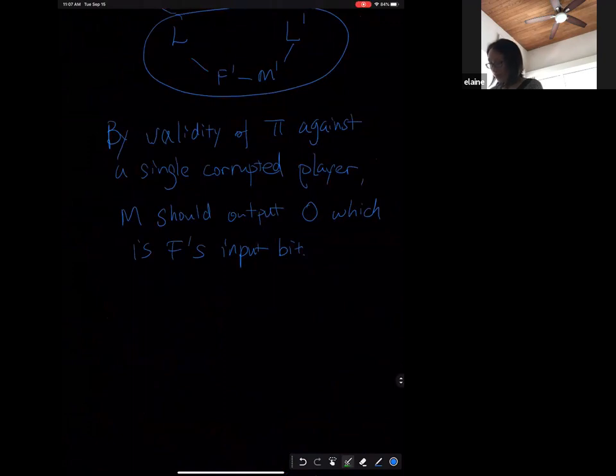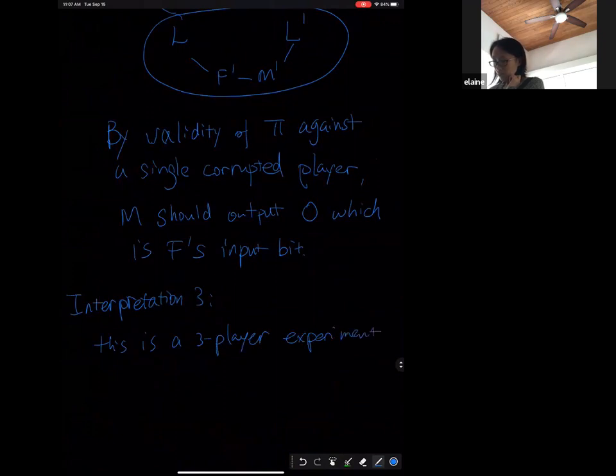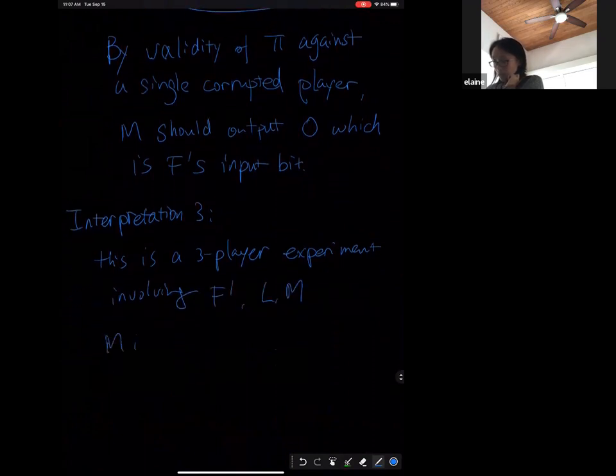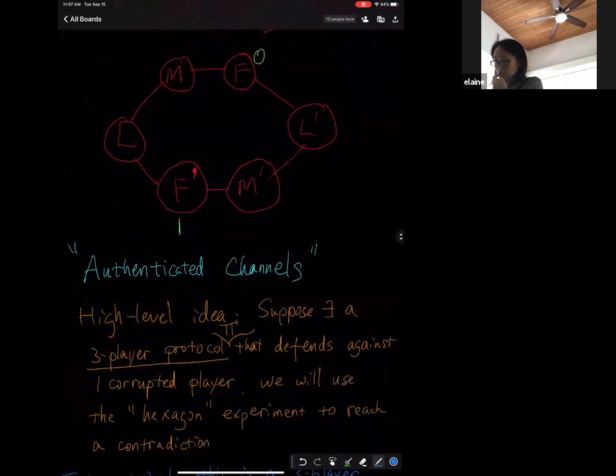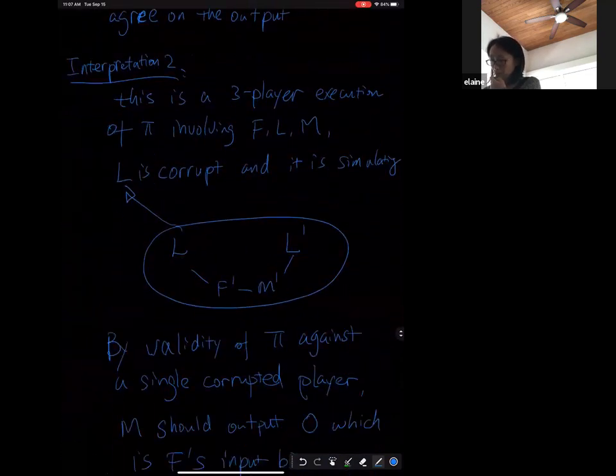Okay, so interpretation 3 is that this is a 3-player experiment involving F prime, L, and M is corrupt and simulating M prime, F, and L prime.